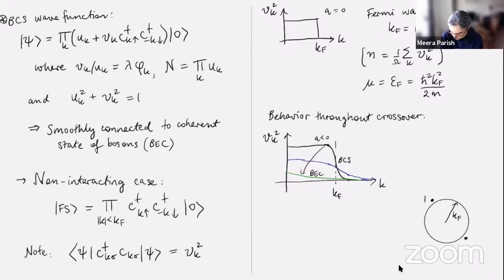You imagine trying to pair k and minus k, two fermions on top of, or above, the Fermi sea. If you just looked at the two-body problem in the absence of the Fermi sea, you would find that you only have a well-defined bound pair for negative scattering length.